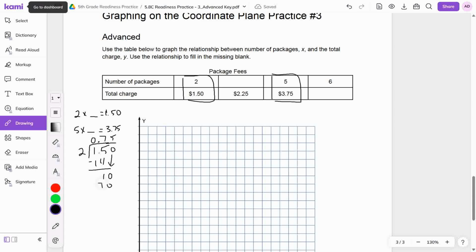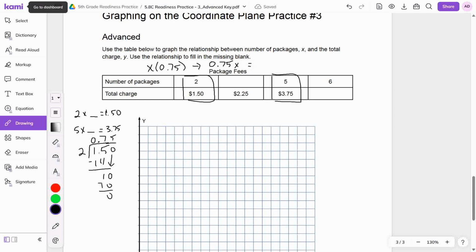All right, so I think my rule is x times, I'll put 0.75, and that's a multiplication because I use the parentheses there. Or you could write 0.75x. Sometimes you'll see it like this. The order usually has the number before the variable, but either one is technically correct.